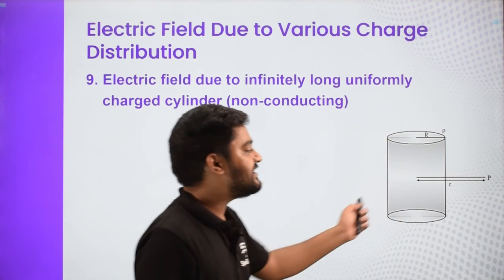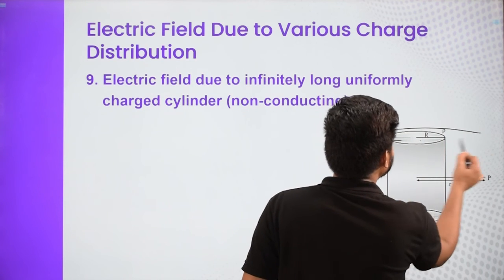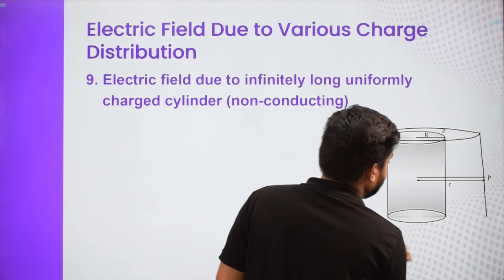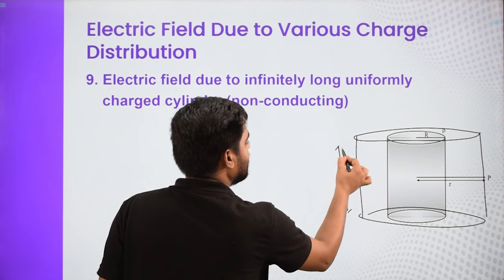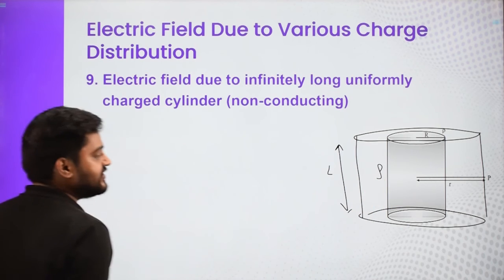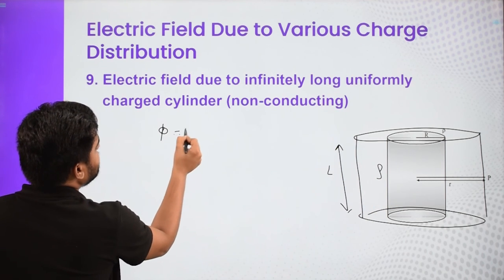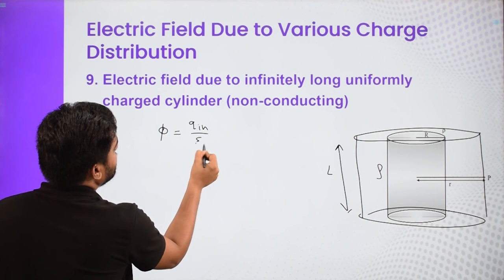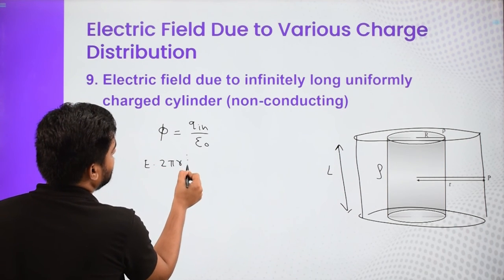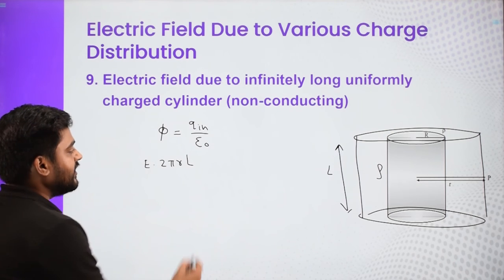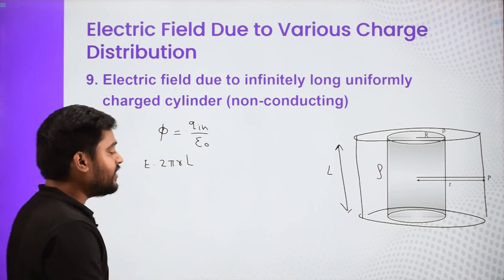Then the point which is outside. Again I am going to do the same thing. Assume this Gaussian surface and write the same thing. The length is L and the volume charge density is rho. So flux is equal to Q in by epsilon naught. Flux is nothing but E into 2 pi r L, that is the area, right? Cos theta is basically cos 0 as usual.